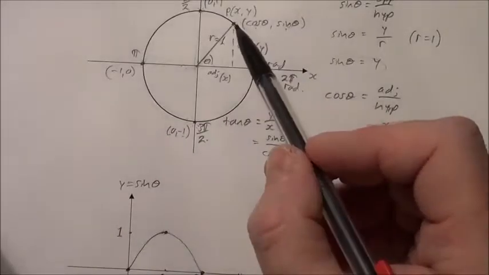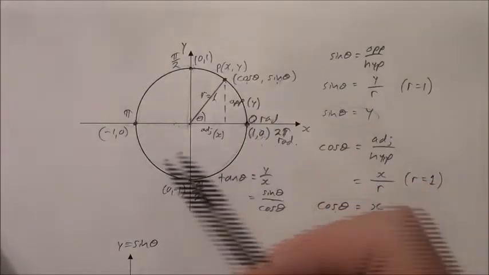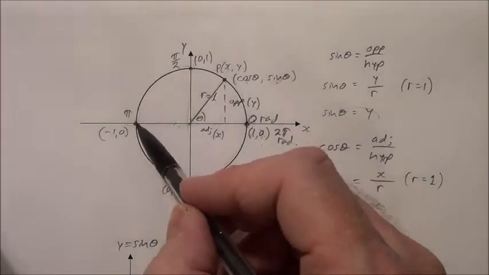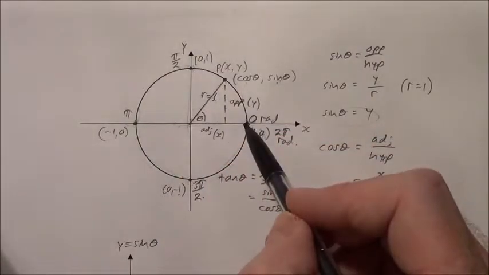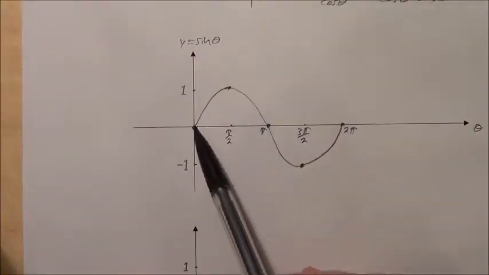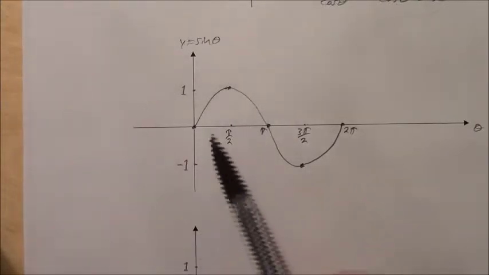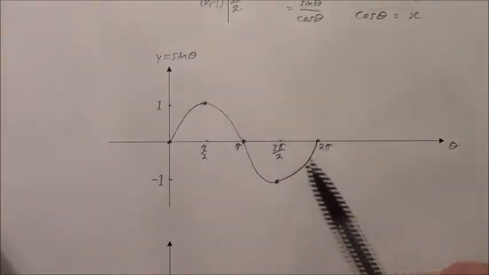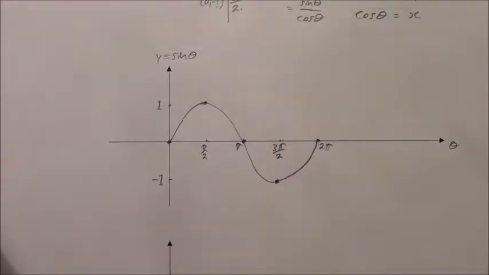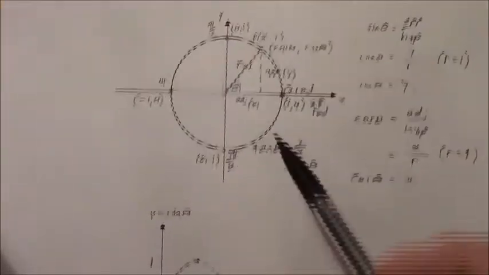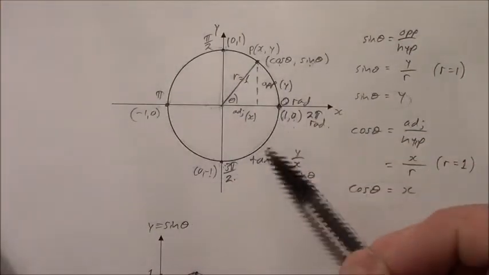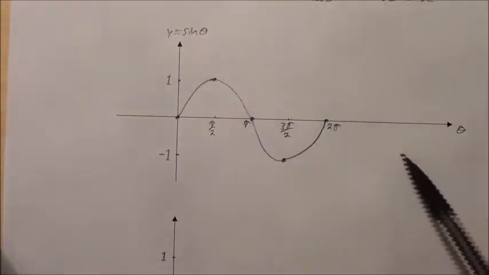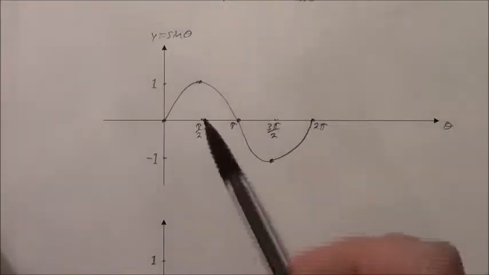If we had rotated this point P in the opposite direction, starting at 0 radians, in the negative direction, negative pi by 2, negative pi, negative 3 pi by 2, and negative 2 pi, then the graph would have gone in this direction over here. But this is the basic one cycle that we usually look at, starting at 0 radians. And of course this point can rotate about the origin many times or forever. Therefore this sine curve will continue forever in the positive direction and in the negative direction.